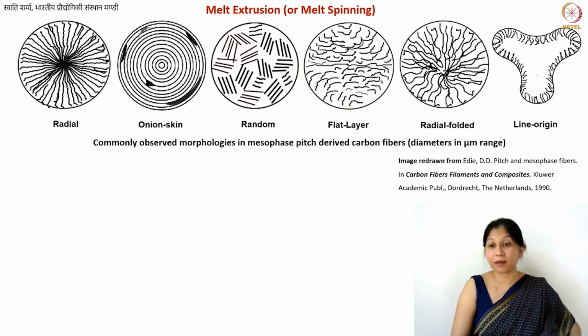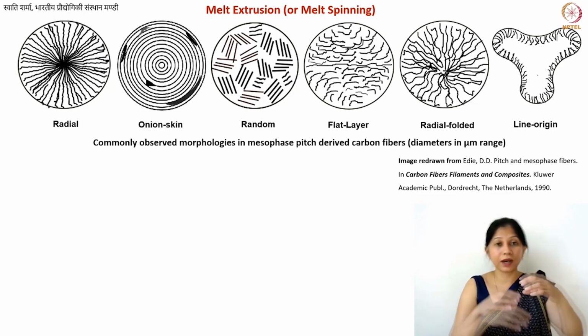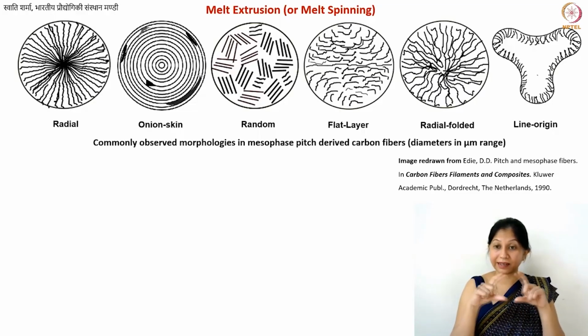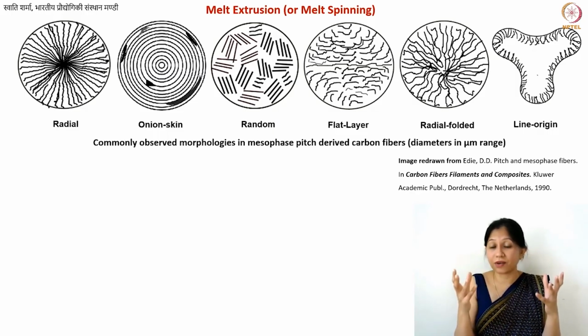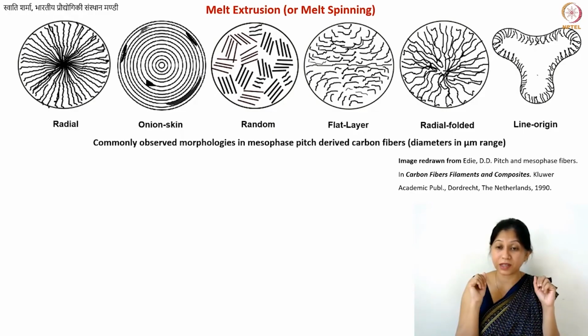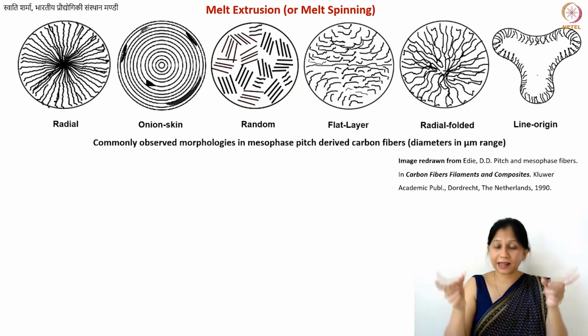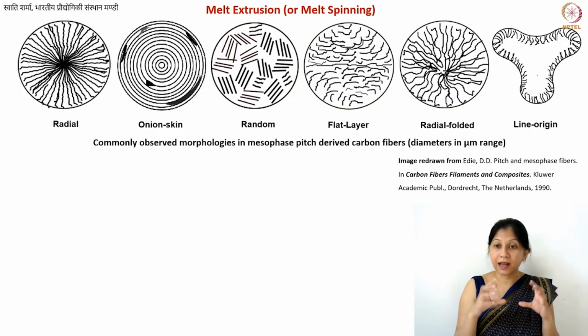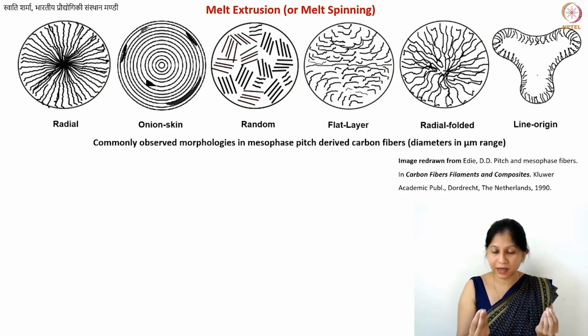In the case of random organization, maybe there you can probably calculate the Lc, the crystallite stack thickness. But in the case of radial or radial folded geometries or morphologies, you may not be able to calculate the Lc in the same way that you did for other crystallites. The point here is the La value becomes more important, and the fact that you have a larger crystallinity and very small to negligible, basically non-crystalline parts, then you will call them graphite fibers.